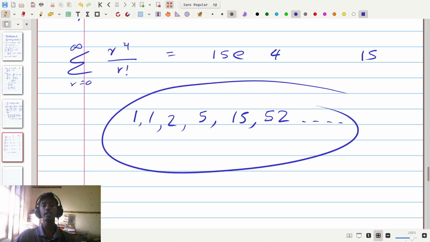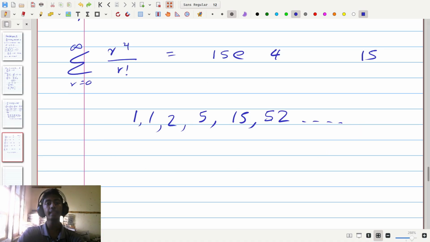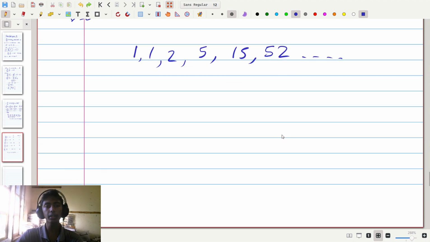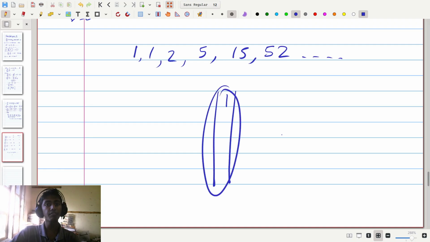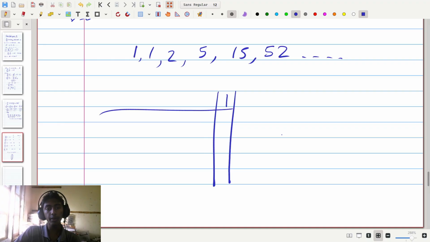These numbers are related to something called the Bell numbers, and they can be found using a triangle known as the Bell triangle. So the Bell triangle goes like this. You start out with 1, and then you imagine a grid with rows and columns. You think of this column here as being the very last column, the rightmost column, and then you imagine rows that have columns stretching out to the left of this last column.